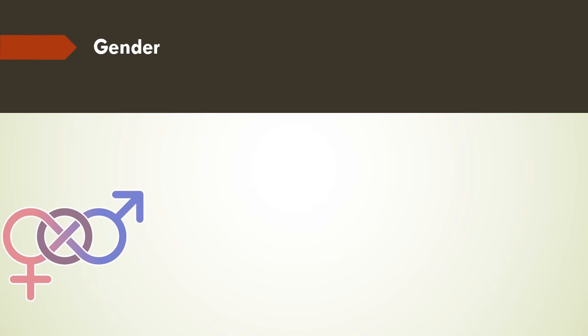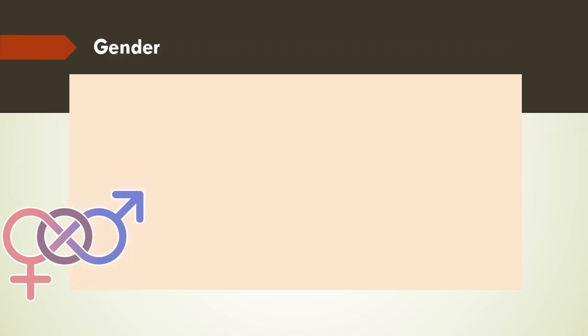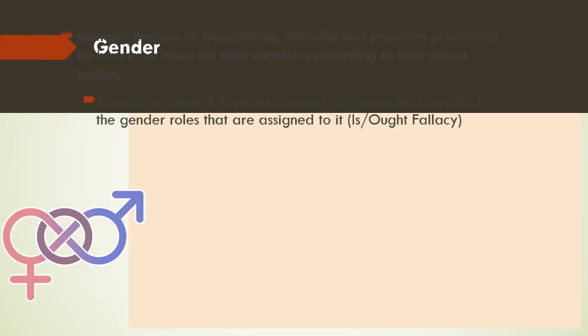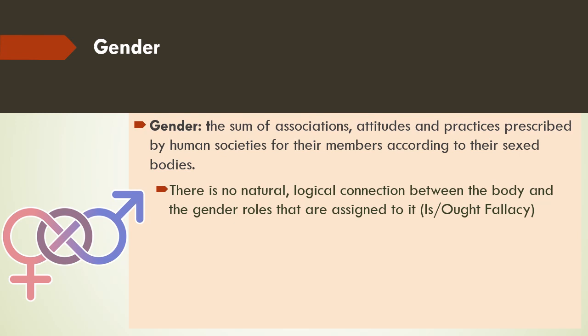Gender is one of those words that we use a lot in everyday language. And it's probably helpful if we have an agreed upon definition of exactly what constitutes gender. Gender is everything we associate, believe, and characterize based on the body of a human being to be their identity, their characteristic.